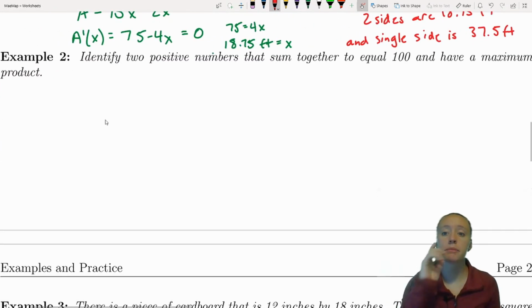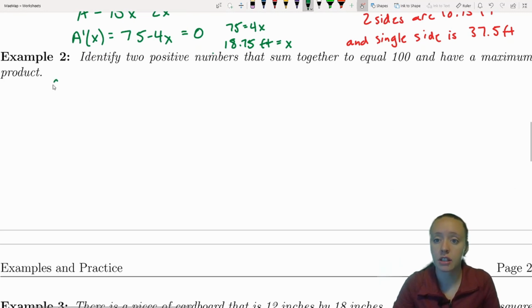In our next optimization problem, it says identify two positive numbers that sum together to equal 100 and have a maximum product. So this one doesn't really require a picture, it's not applicable in this case, but we can write our objective function and our constraint. Our objective function is that we have a maximum product between those two numbers.